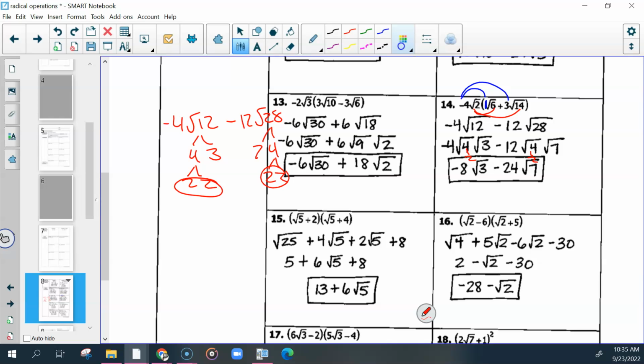Your pairs of 2's would come out, leaving whatever is left. I'm writing all over the place, sorry. So negative 4 times 2, negative 12 times 2, and then we get that same answer. Other questions on that one?